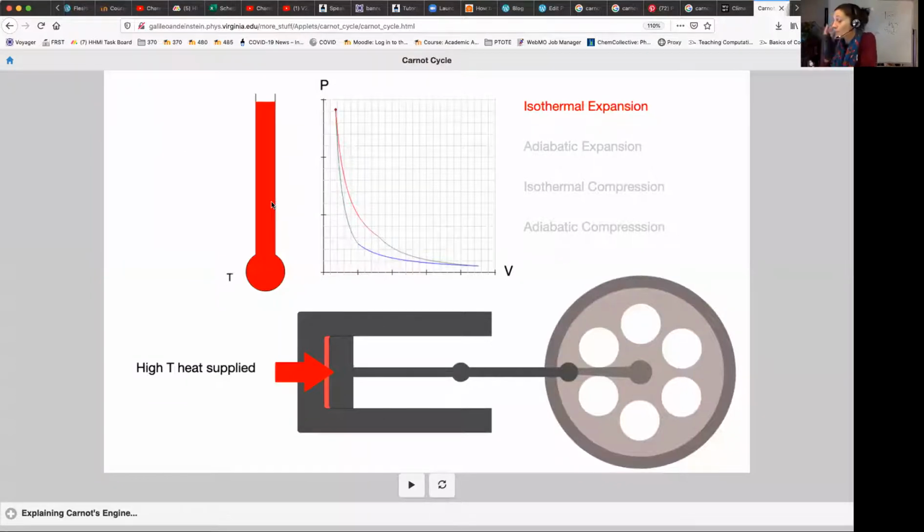Okay, I'll post this link on Moodle, but it's really great for you to see this in action. So we have an isothermal expansion, adiabatic expansion, isothermal compression, and adiabatic compression. Those 4 steps added together give us a complete cycle.